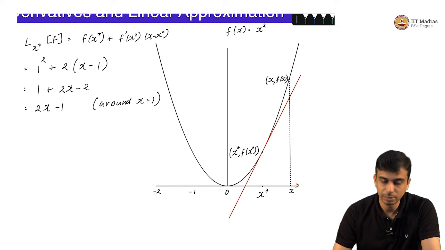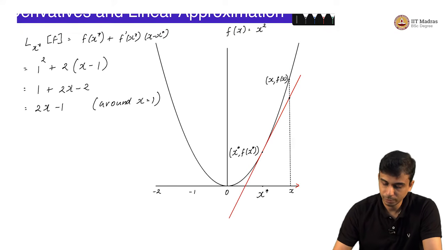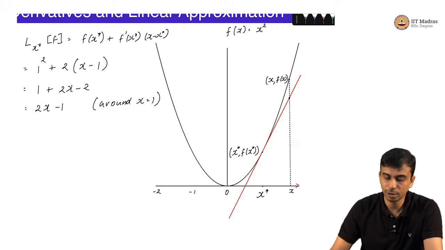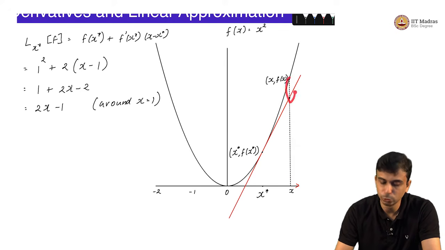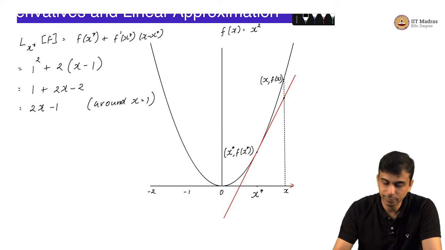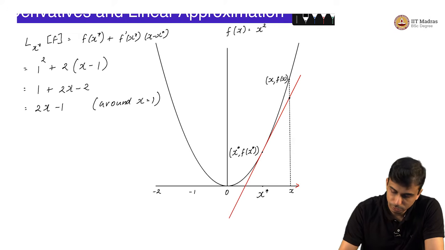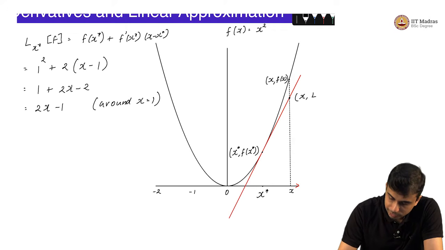That is the reason why it is an approximation. As your x moves far and far away from x star, it becomes a bad approximation. For example, at this point, let us say x is equal to 2, you can see that there is actually a gap between f of x and L x star of f evaluated at x, right. So, this point here corresponds to x comma L x star of f evaluated at x.